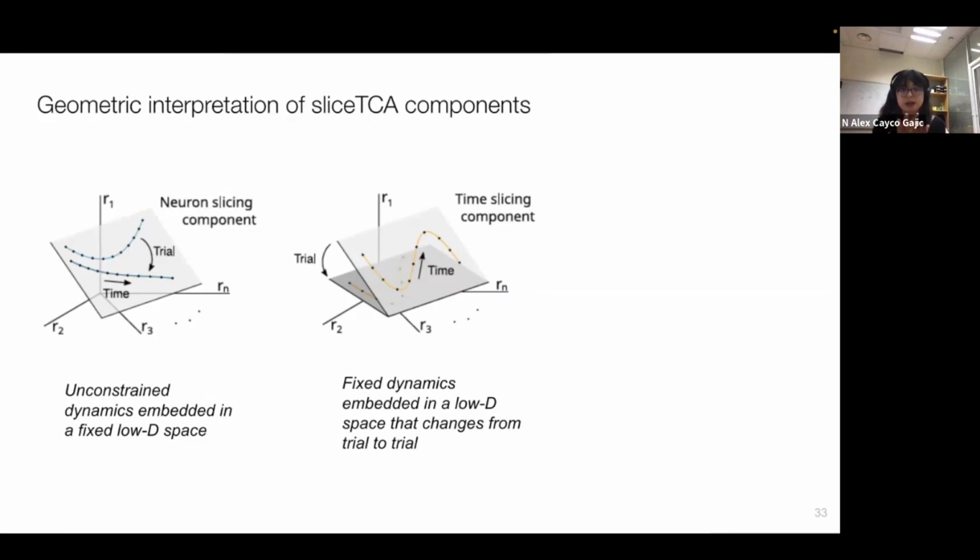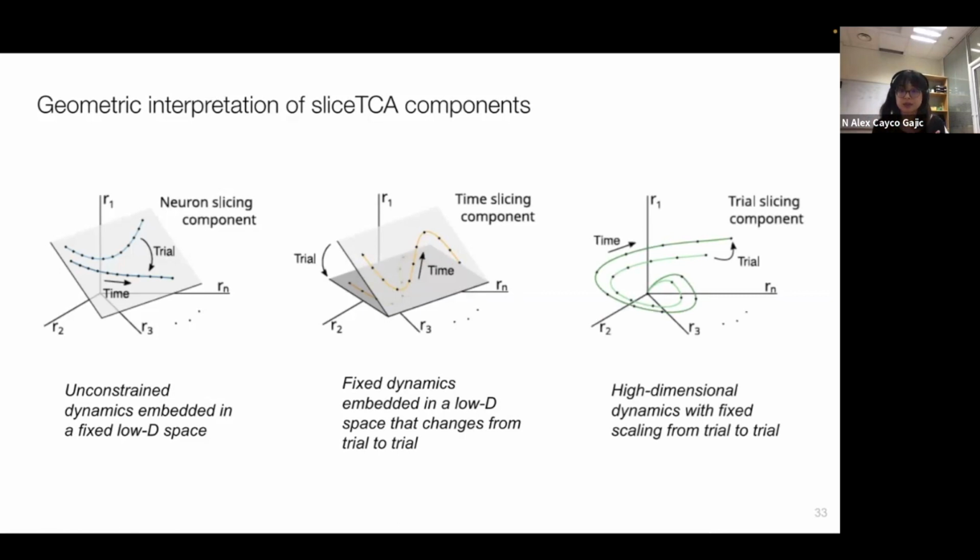So it starts to become less low dimensional, because now the subspace can change from trial to trial. And then the trial slicing components can actually be high dimensional because they can capture things like sequences. So you have high dimensional dynamics that cannot really be described as being embedded in a low dimensional subspace, but we can still capture them because they have some characteristic change from trial to trial.